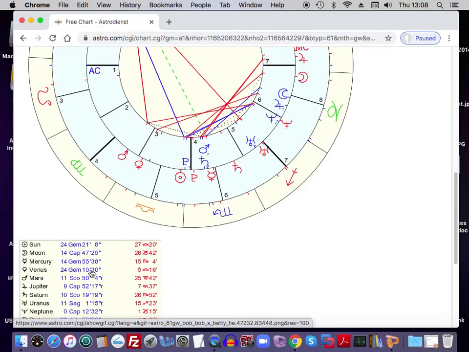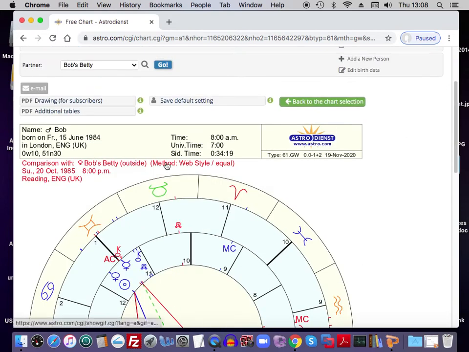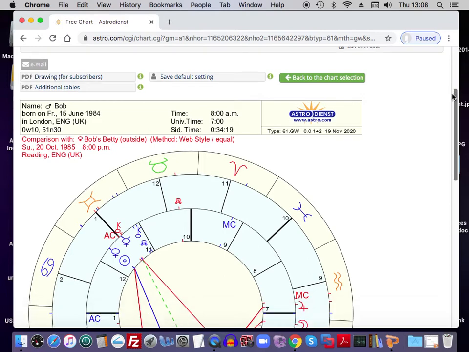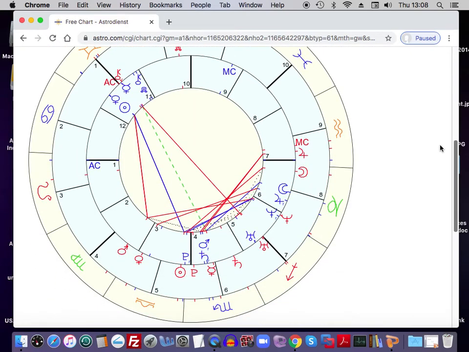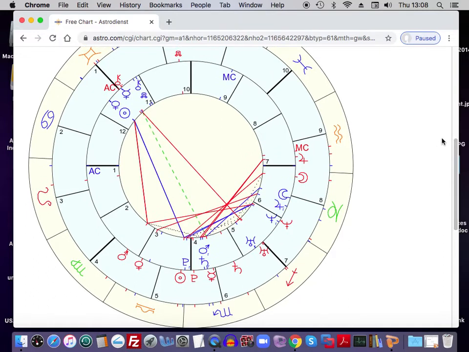The default settings on astro.com are that person A is in blue, person B is in red, and they were born in 84 and 85, so there's just under a year between them, and actually they're quite compatible. These were completely random details that I was just logging into the computer, but we'll see some things here.